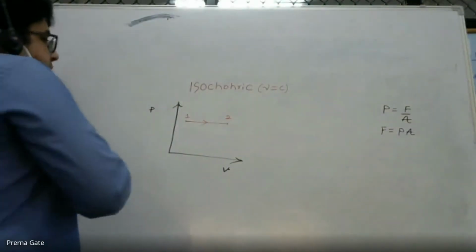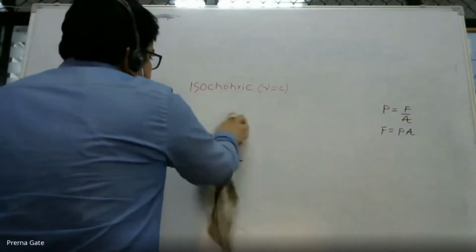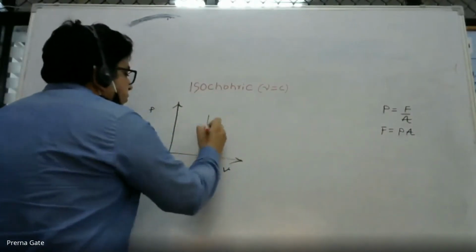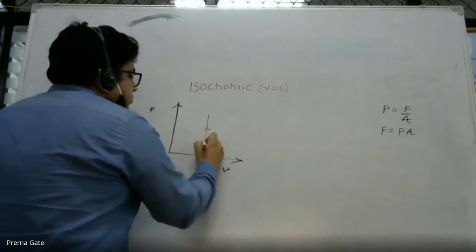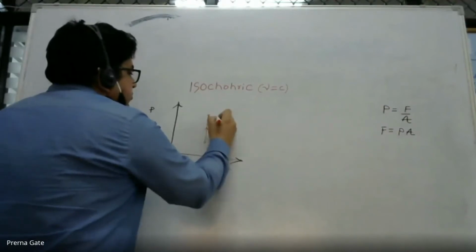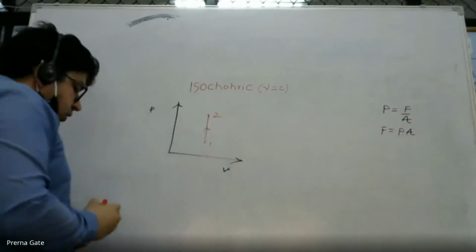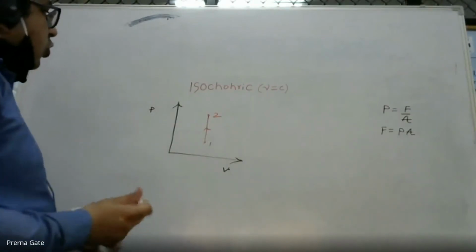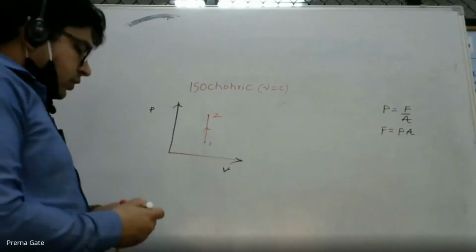So I will make it correct. So this is the correct representation for an isochoric process, as the volume remains constant.